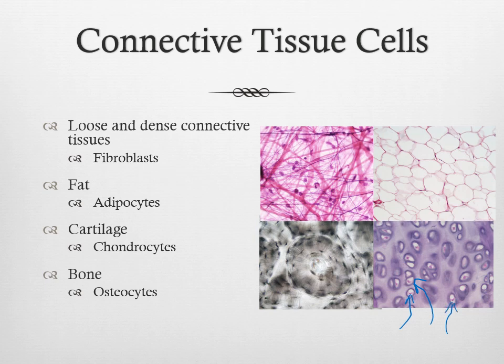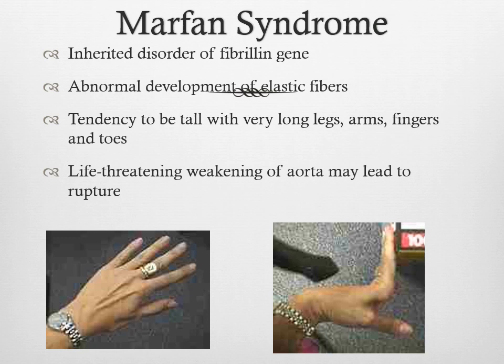And then lastly, we have bone. The bone here has our osteocytes, all the little black specks, different types of cells in there. And even within each of these tissues themselves, there can be even different types of cells as well.